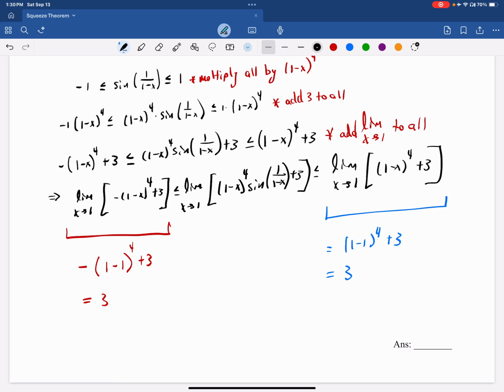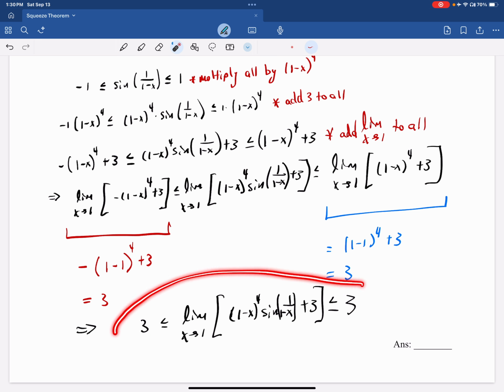Notice now that I have the left-hand side, which was 3, is less than or equal to the limit as x approaches 1 of my original problem, the 1 minus x, quantity raised to the fourth, the sine of 1 over 1 minus x, plus 3, and I know that that has to be less than or equal to the right-hand side, which was 3. So what's happened?